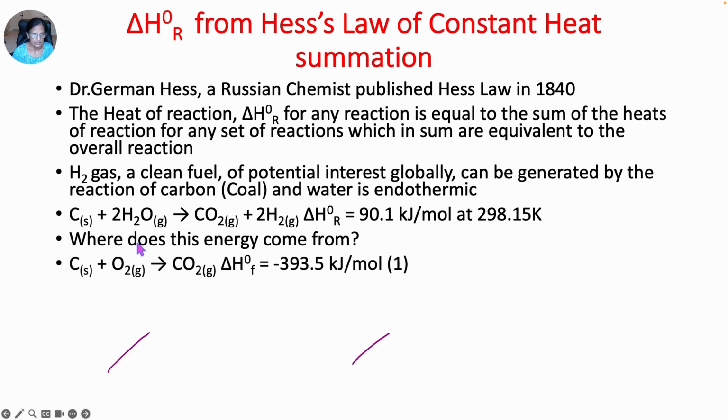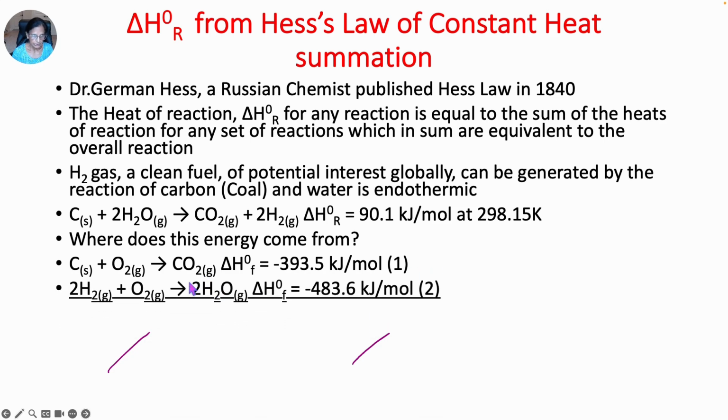Now the first reaction is the carbon dioxide gas formation from carbon solid, carbon solid plus oxygen gas. It consumes oxygen gas and gives carbon dioxide gas. This delta H0 formation is minus 393.5 kilojoules per mole, and let us call this equation 1. Now we are trying to arrive at this equation from another set of equations. So this is equation 1.